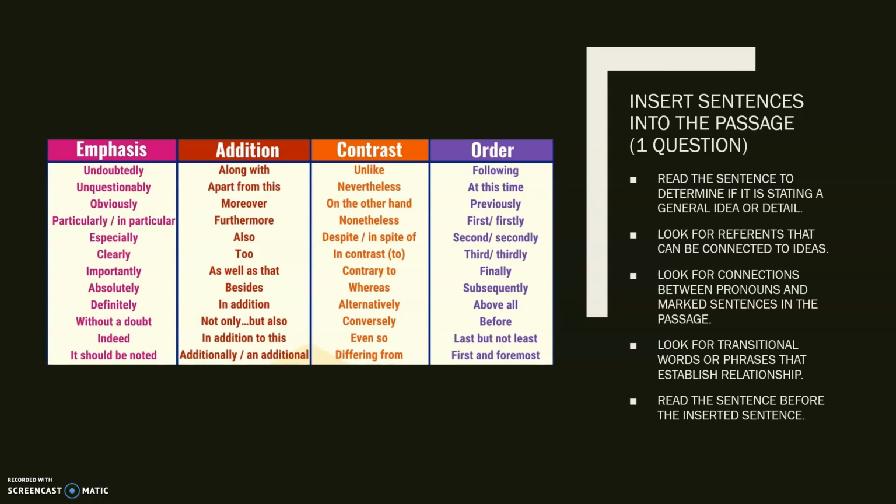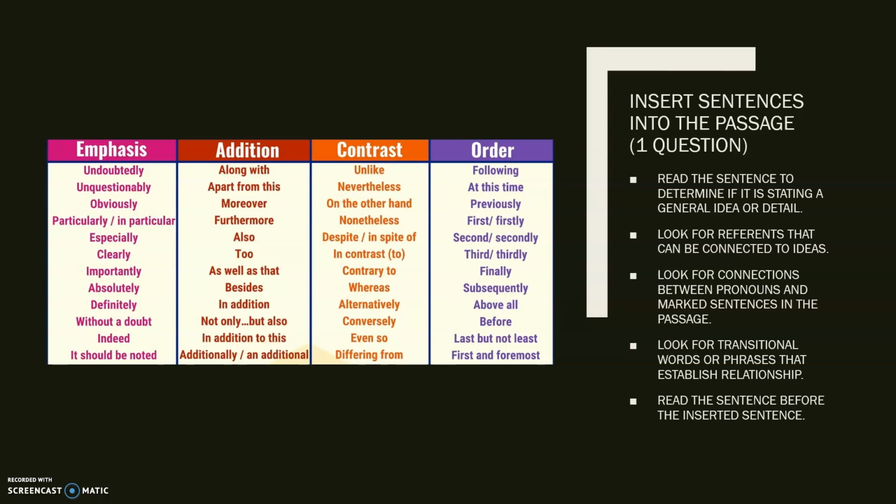In one of the sentences marked with a black square, refer to the reference words chart on page number 22, for example, in the reading skill 2. For more information on these words, we're always going to have that since this is an internet-based test. Look for connections between pronouns and marked sentences in the passage.